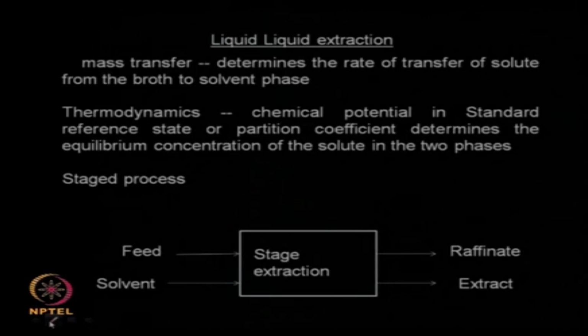So it is based on the standard chemical potential or the partition coefficient for the particular system under consideration. So if the partition coefficient is very large, then your extraction amount also will be considerable, that means the quantity of the solute that is present in the solvent as against the quantity that is present in the fermentation broth after they have come into contact and reached an equilibrium will be very large.